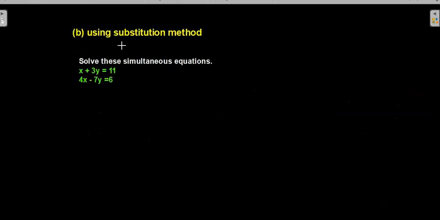Next, we need to use the substitution method to solve these simultaneous equations.